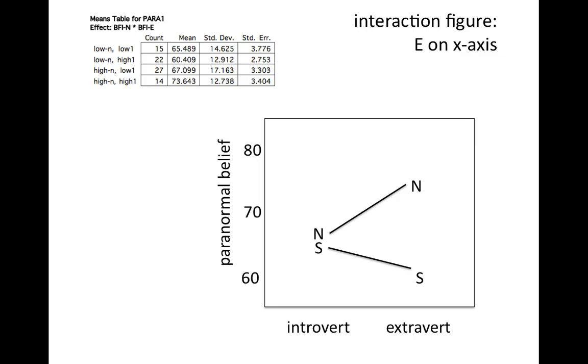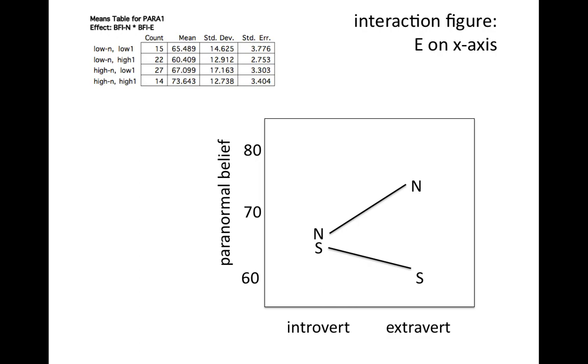However, it's likely that you're going to find, and this is typically the case, one figure that's easier to describe. Keep in mind that the whole point of a figure is to facilitate the description of your results to the reader.